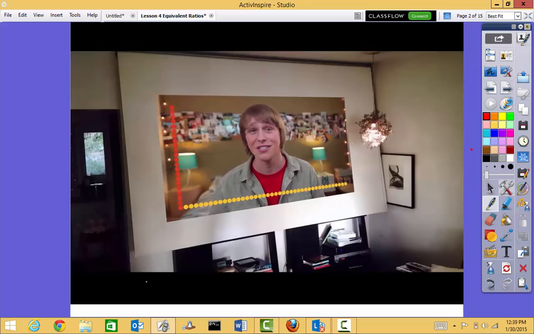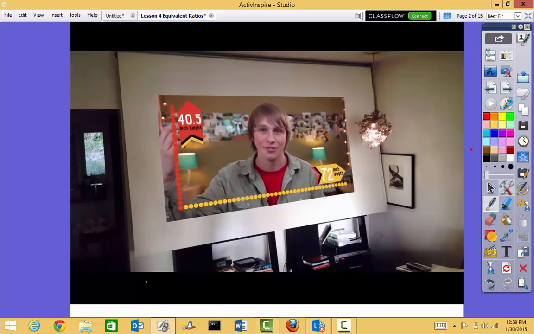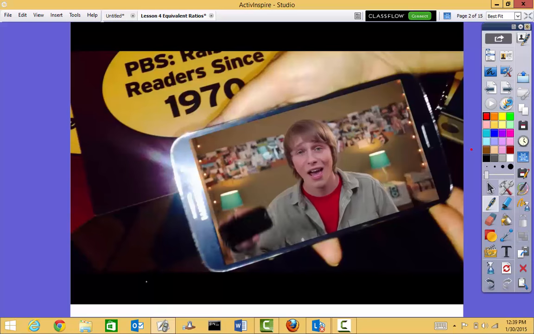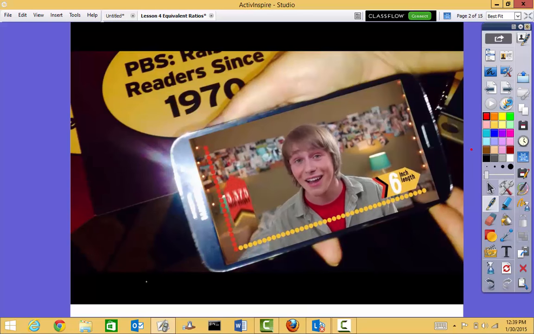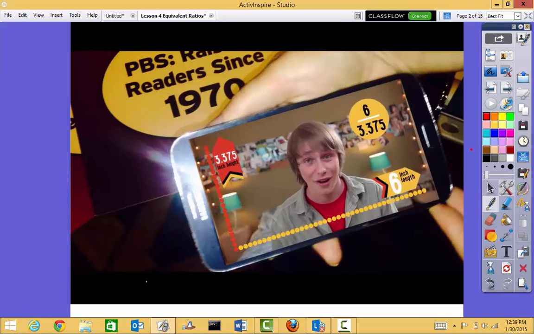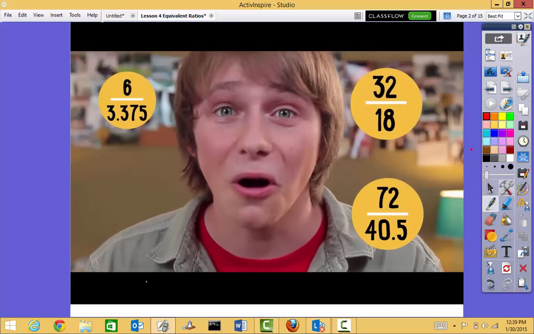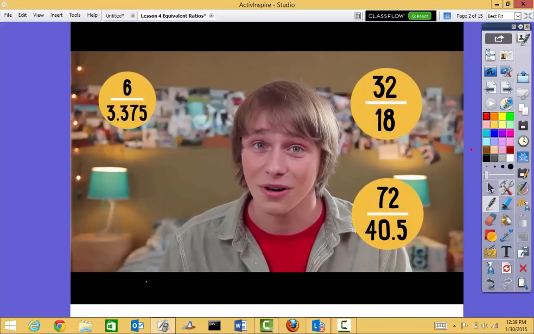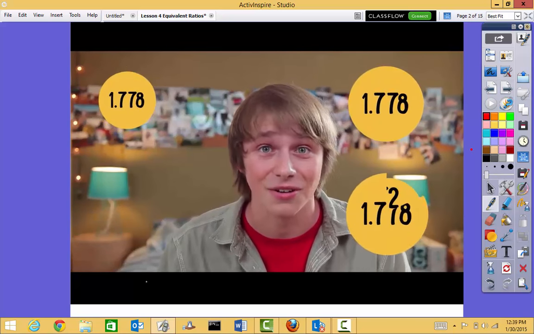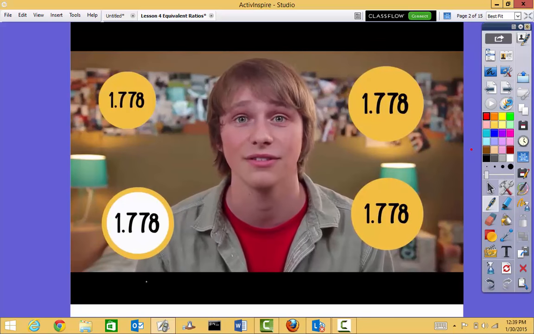Right now, I'm being projected on screen that is 72 inches by 40.5 inches. See, it's another ratio. And my jumbo phone has a length of 6 inches and then a height of 3.375. Even though all these ratios look different, they are all actually equal. Divide the top number by the bottom number, and you get the same answer, 1.7777777778.